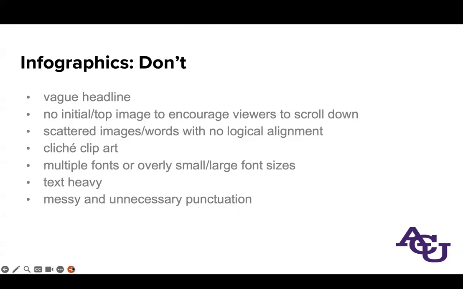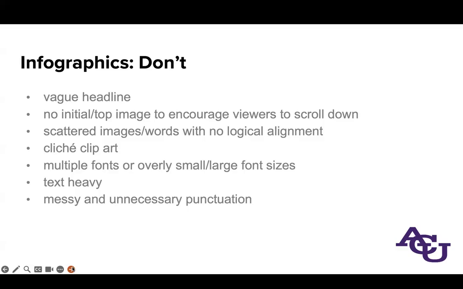Another thing that you won't do is include no image at the top or near the top. You'll want some sort of image to also draw in the viewer and engage them. And that will encourage them to scroll down and keep reading the rest of the infographic. In addition, don't include scattered images or words with no logical alignment.